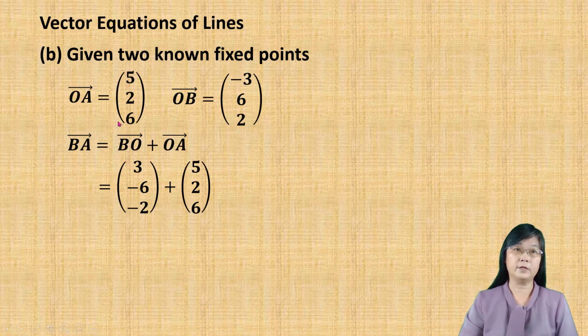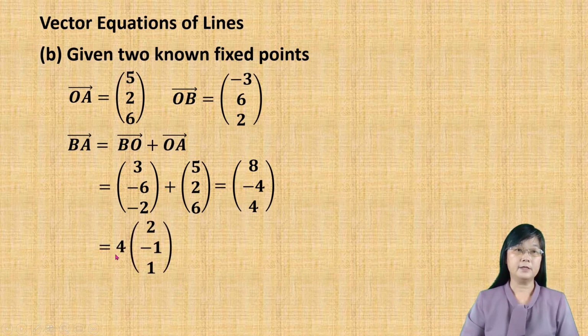OA we can take from here. Then when we simplify, we will get 8, negative 4, and 4. Same thing, if you want the simplest form, we can factorize 4 out, and it becomes 2, negative 1, and 1 as the simplest direction vector. Or you can factorize negative 4 to get the direction vector negative 2, 1, and negative 1.